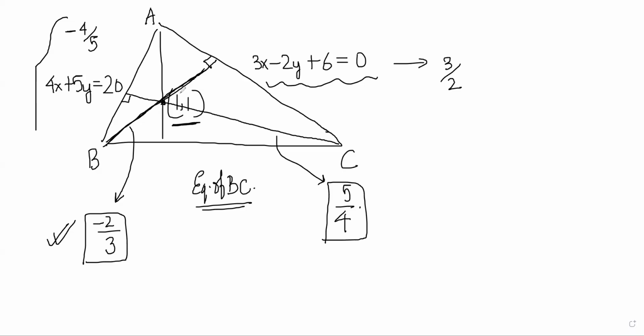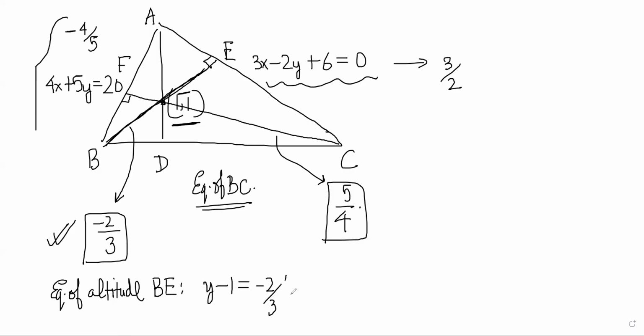I also know the point here, right? So equation of altitude, let's label it. This is D, this is E, this is F. Equation of altitude BE, by point slope form, will be y minus 1 is minus 2 by 3 times x minus 1, right?